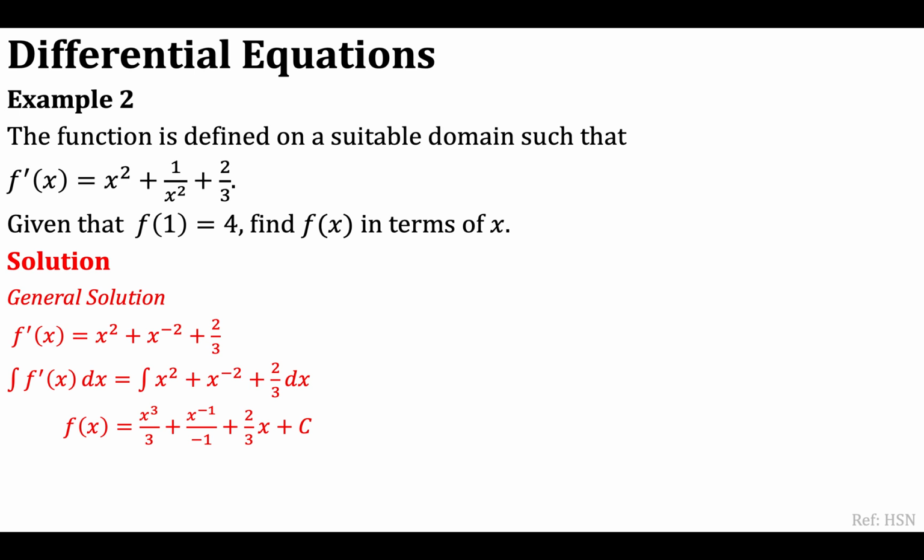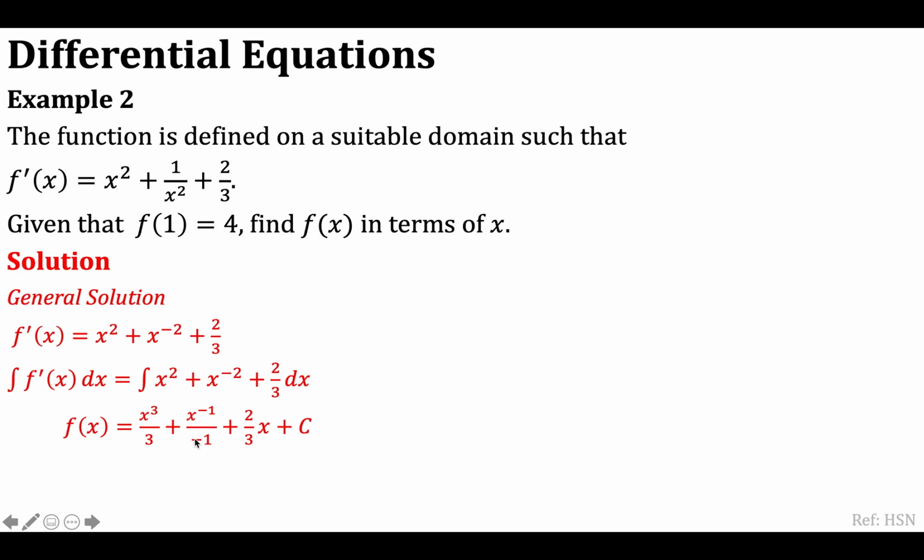And on the right-hand side, we can integrate this. So we've got x cubed over 3. Integrating x to the negative 2 gives us x to the power negative 1 all over negative 1. And integrating 2/3 gives us 2/3 x. And we have our constant of integration as well.